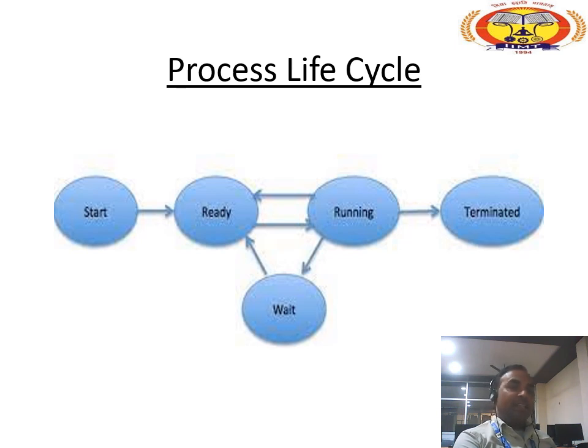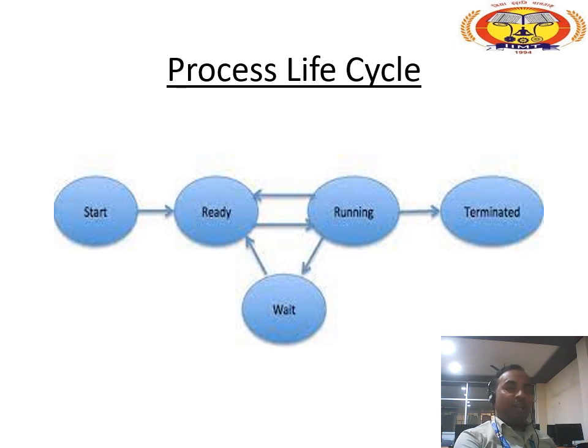In the running state, the process will be executed by the system, executed by the CPU. But at that time, if any process with higher priority, or any event has to occur, then this process has to move to this state, which is also known as the blocked state. Here we have mentioned the wait state.